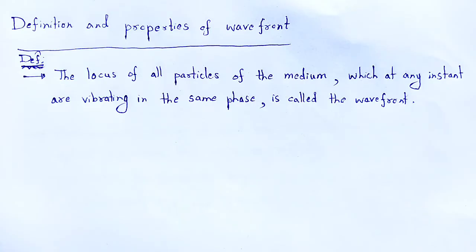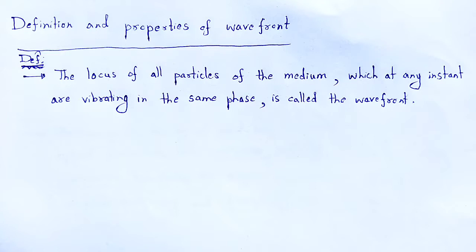Homogeneous in the sense that throughout the medium either the refractive index is the same, or the magnetic permeability or electric permittivity must be the same throughout the medium. That is why we call it a homogeneous medium.